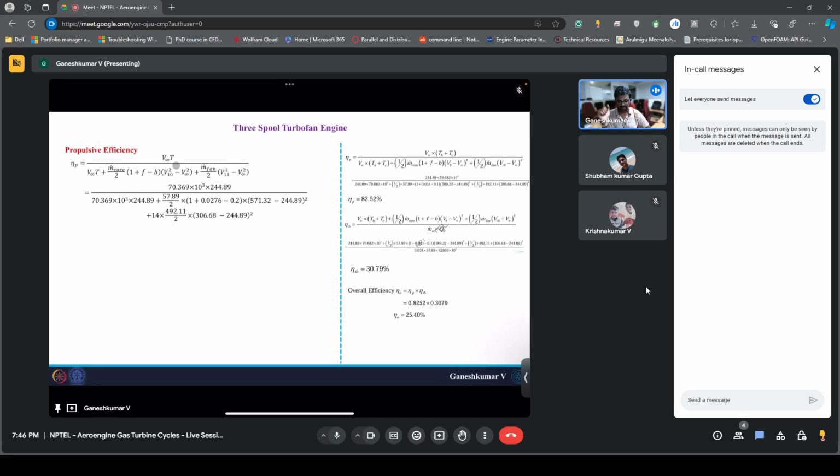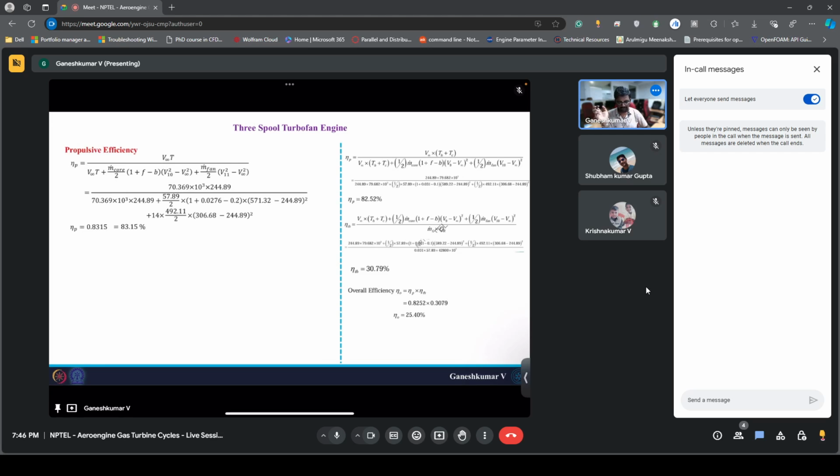The second term is the kinetic energy we are losing at the exit of the core stream, and this is the kinetic energy we are losing at the exit of the bypass stream. What is exiting the engine should be lesser because we took some air bleed. So those numbers you need to take into account.